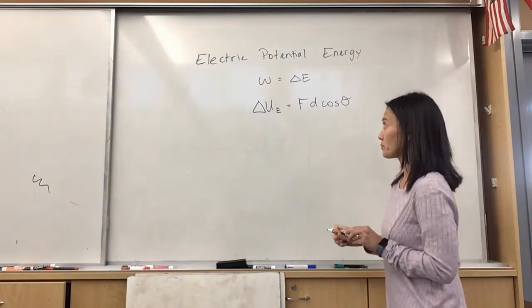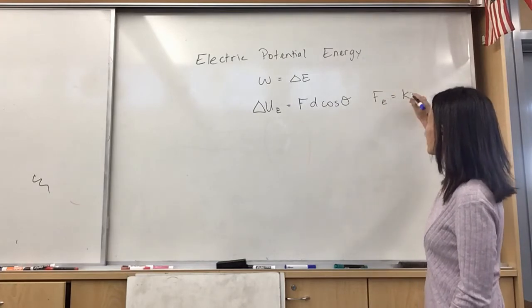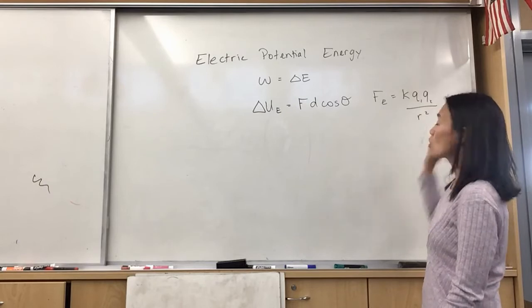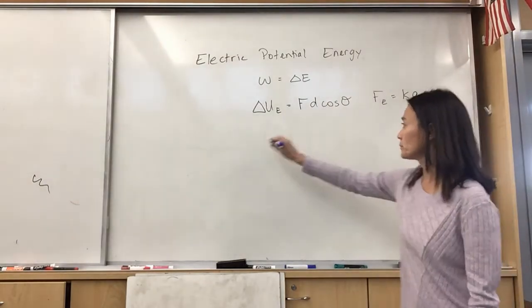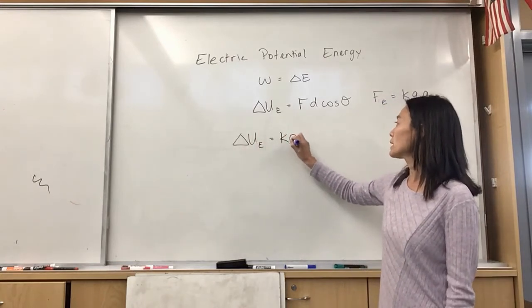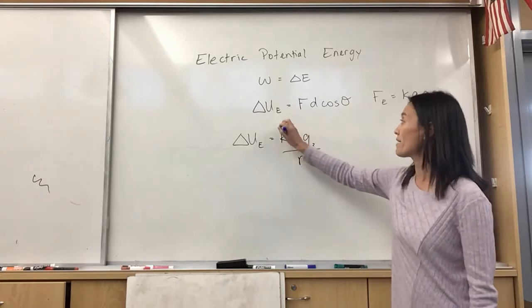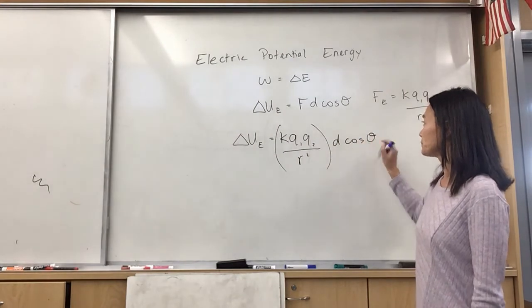Now in this case, our force is the electrostatic force, k Q1 Q2 over r squared. If I substitute this in, I get delta U_E equal to k Q1 Q2 over r squared, that's my F value, times distance times cosine of theta.